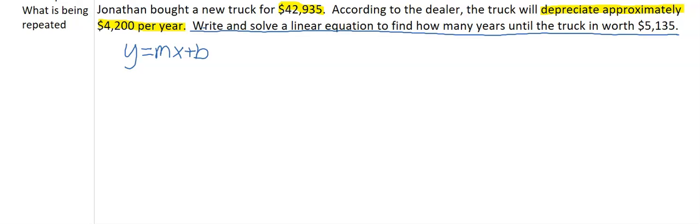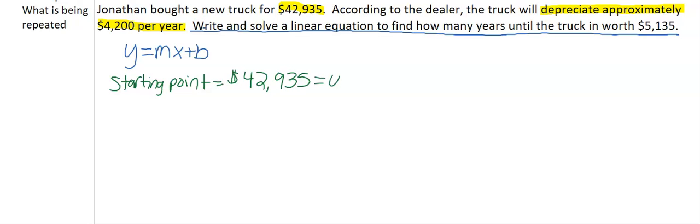So first let's create our linear equation in y equals mx plus b. After reading the problem, we know that our starting point is the cost of the new truck, which is $42,935. So that will be our y-intercept. And we have a slope of negative $4,200.